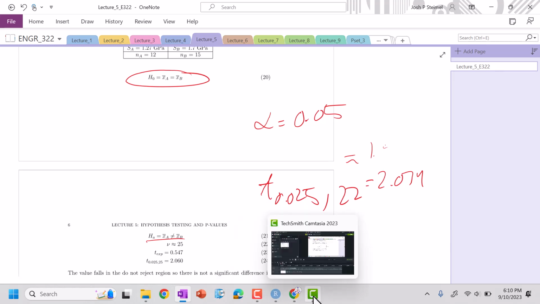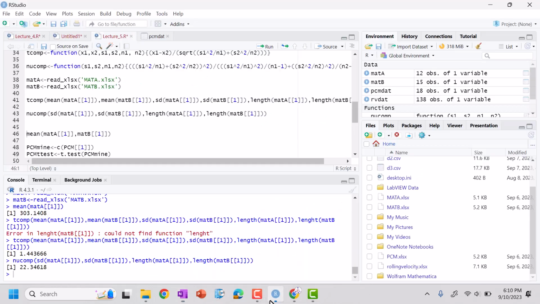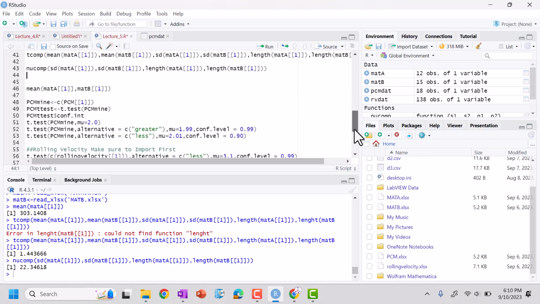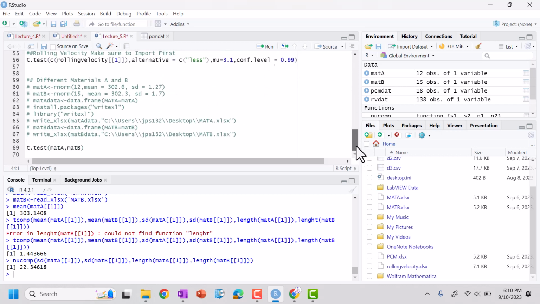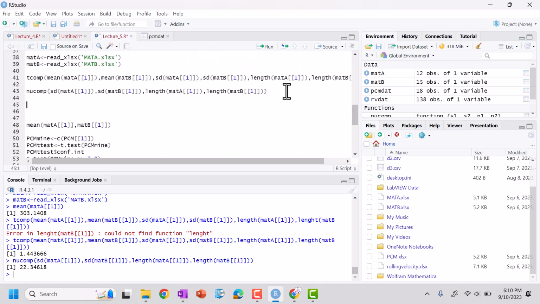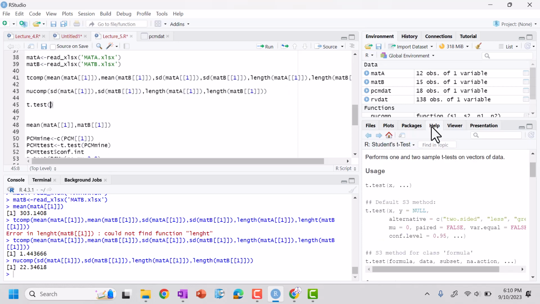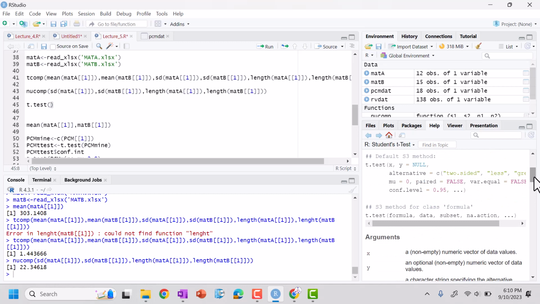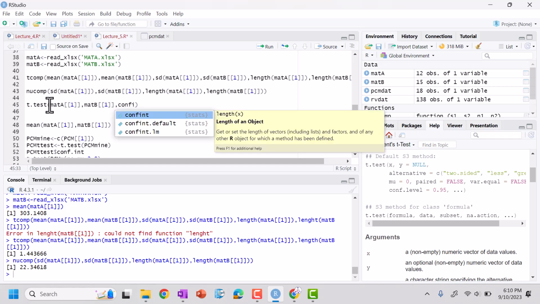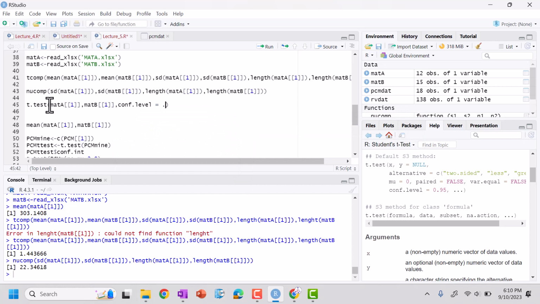So let's go ahead and check it on the other side. Let's do another type of test. We can do a very, very cool test as well. We can actually simply look at our t-test, and you can put an optional numerical data set. So I can look at mat A, bracket 1, and mat B, bracket 1, and I can say my conf level equals 0.95.